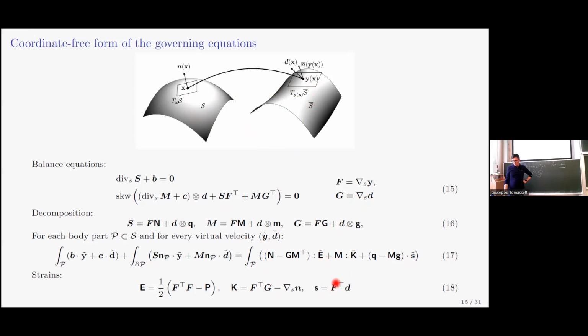And finally, there is this term, which essentially measures how much the director fails to be orthogonal to the tangent space in the deformed configuration.